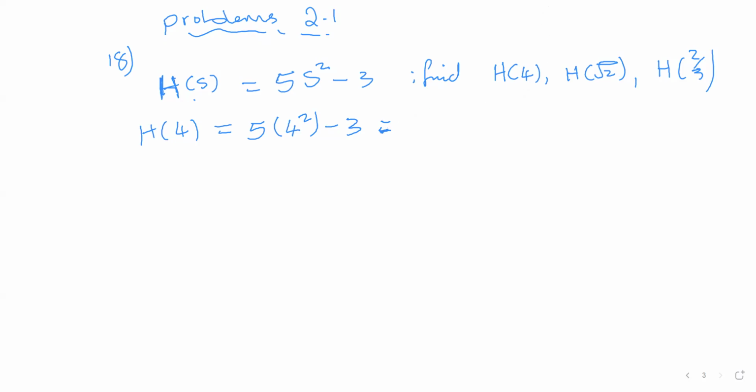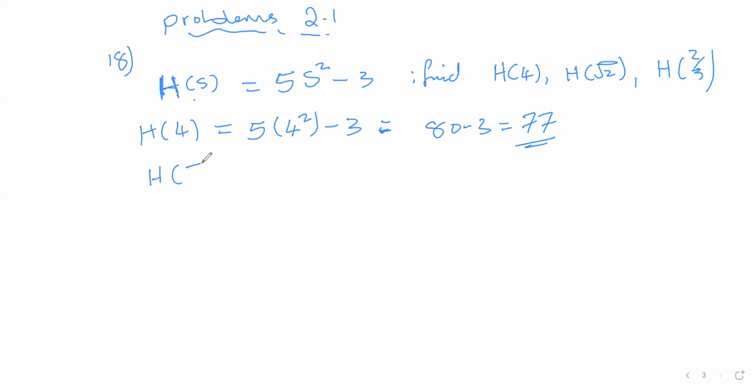So what's 16 times 5? Let's quickly get that. 5 times 16, which is 80, minus 3, which is 77.